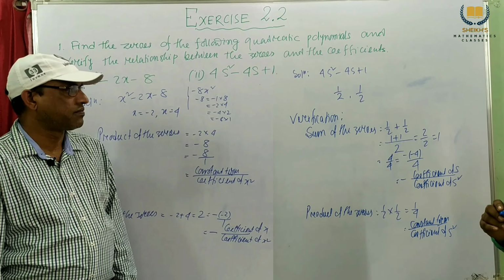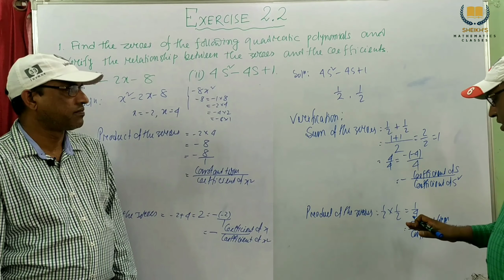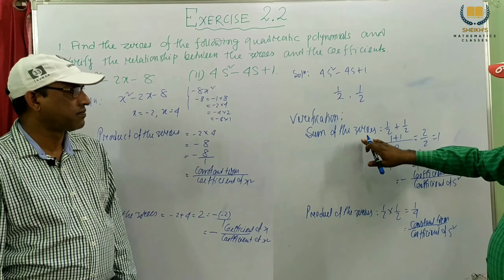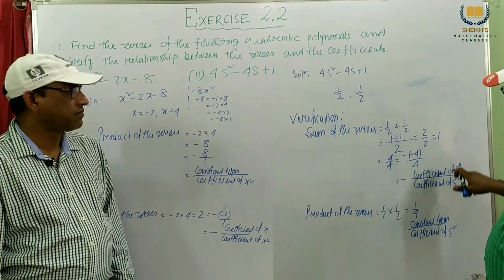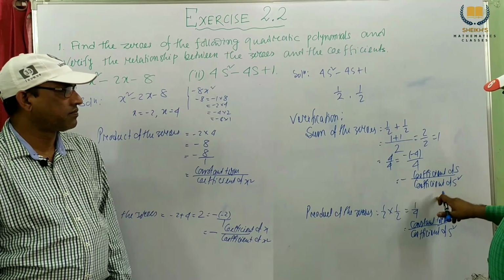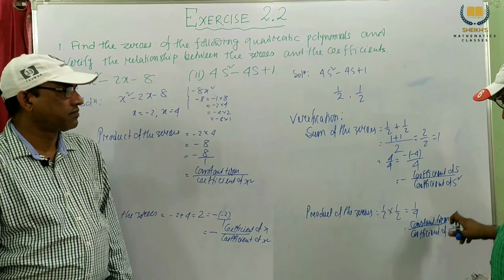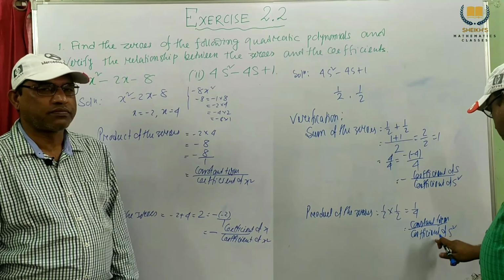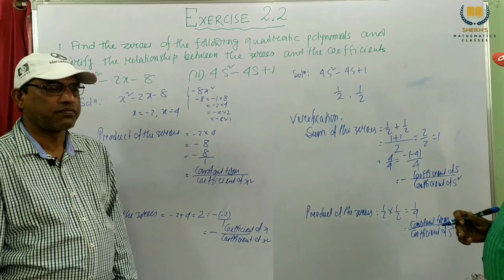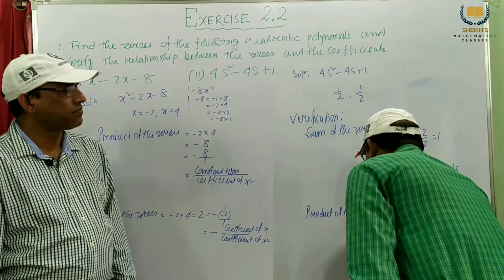So this is the relationship between zeros and coefficients. Sum of the zeros equals minus coefficient of s by coefficient of s square, and the product of the zeros equals constant term by coefficient of s square. So hence verified.